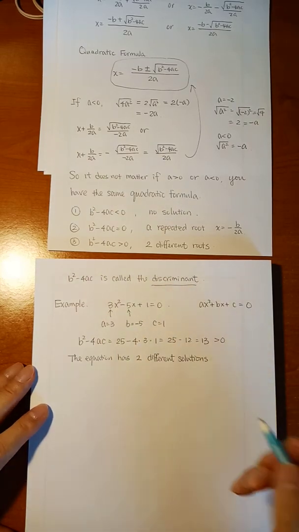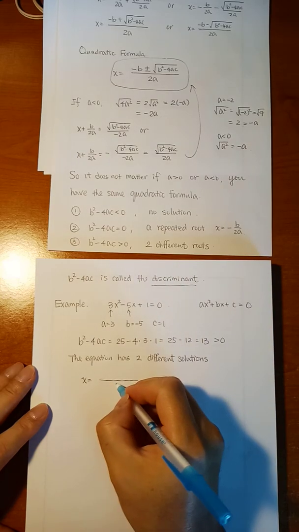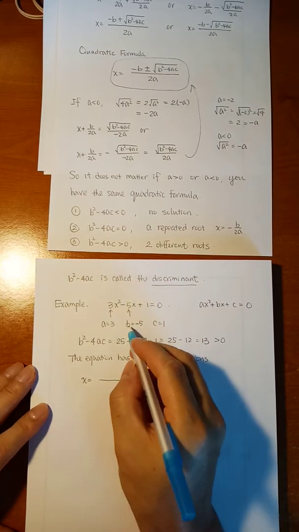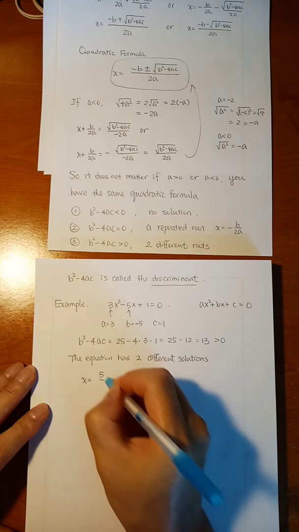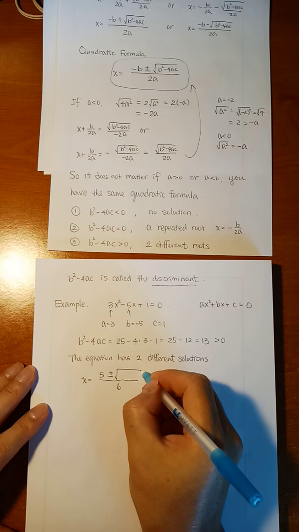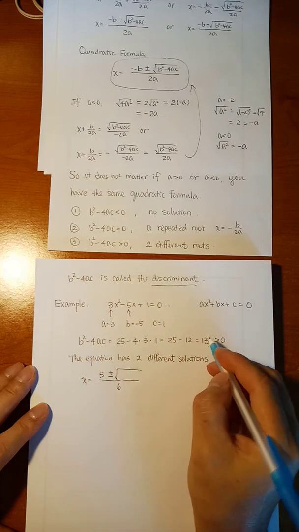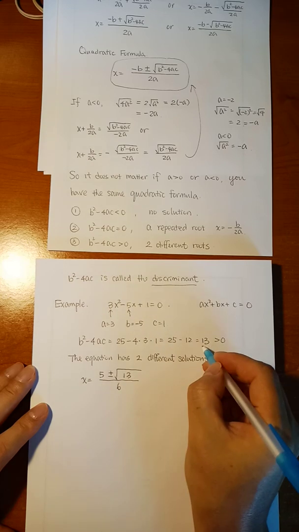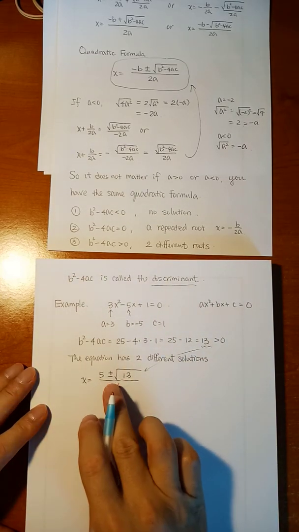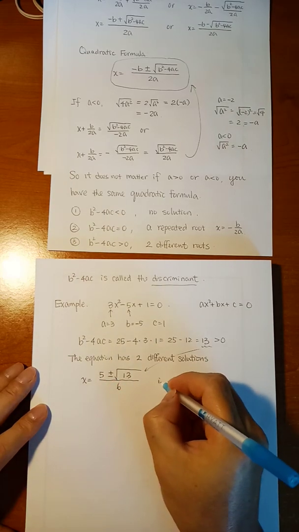What are the two different solutions? X is, what's the formula? Denominator 2a, that's 6. Numerator negative b. B is negative 5, so negative b is 5, plus or minus the square root of b squared minus 4ac. We just computed it, it's 13. We copied 13 here. Okay, so plus or minus means you have two solutions.